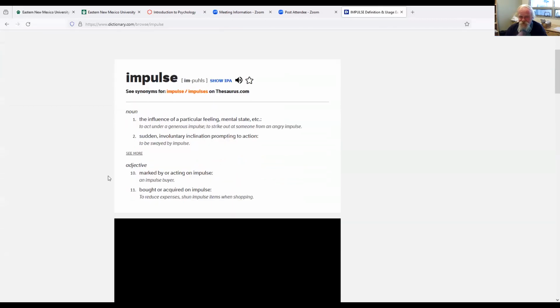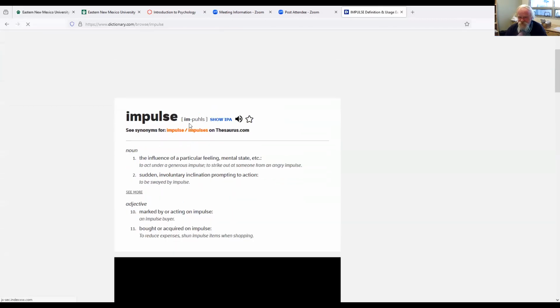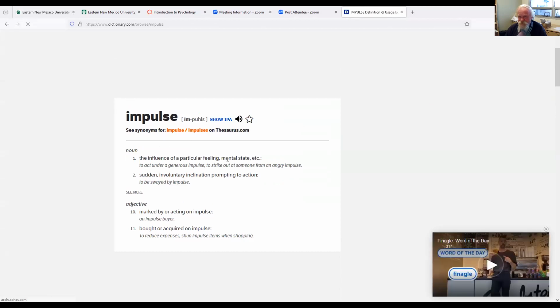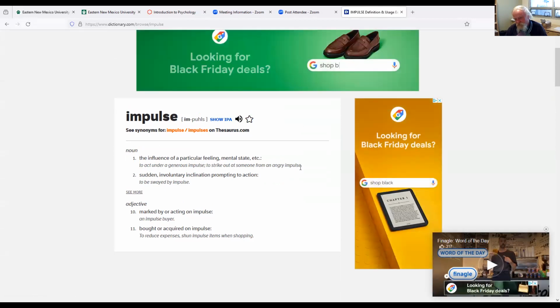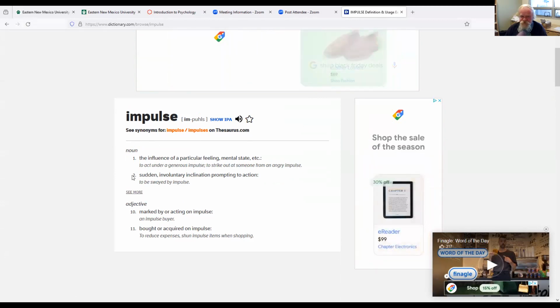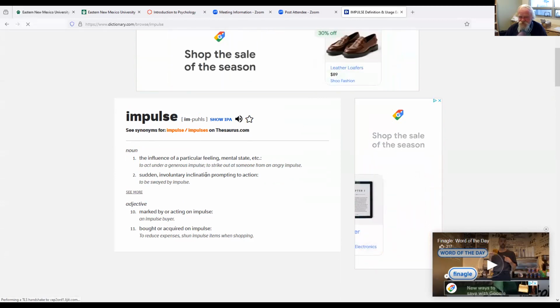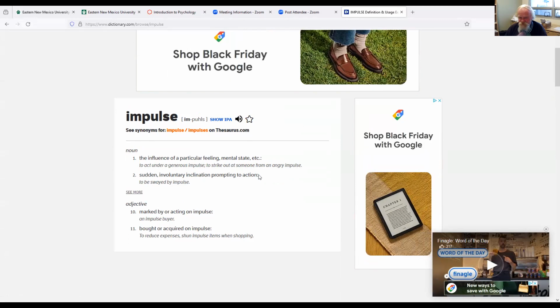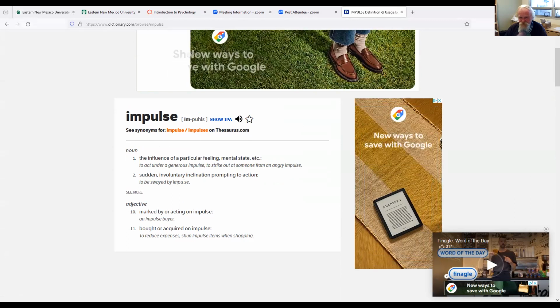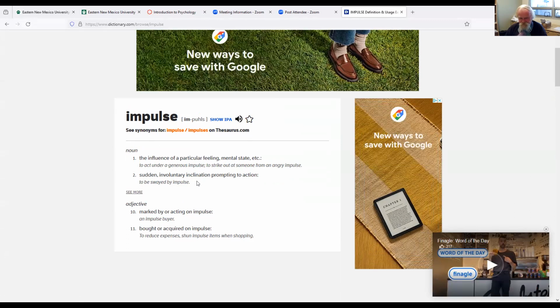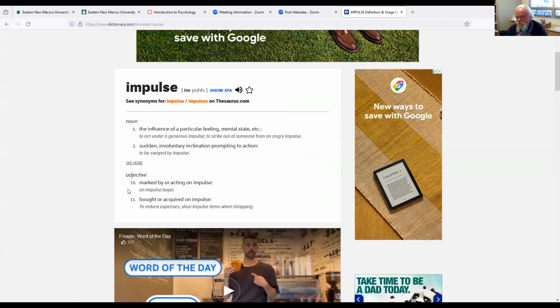All right. An impulse is the influence of a particular feeling or mental state. To act under a generous impulse, to strike out at someone from an angry impulse, okay? A sudden involuntary inclination prompting to action, to be swayed by impulse, okay? It could be something about buying behavior, right?